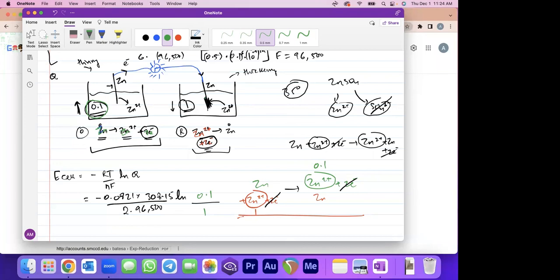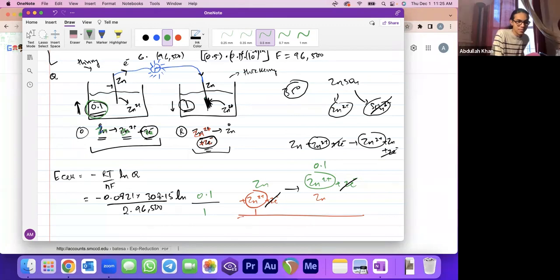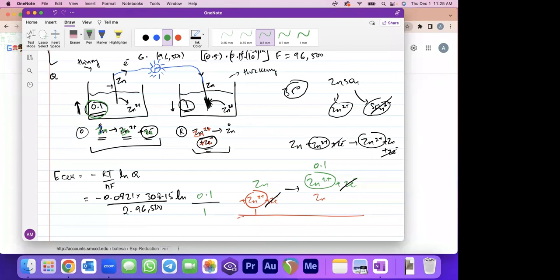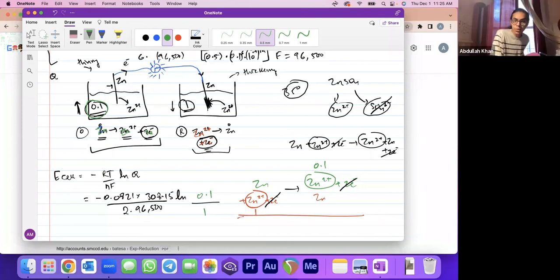I have a question, Professor. So about how you found which concentration should be on the top or on the bottom. So let's say for example, someone starts with the second equation. The normal Nernst equation? No, I mean just for the calculation of Q, which concentration should be on the top or which one will be on the bottom? Oh, it's always products over reactants, the usual.